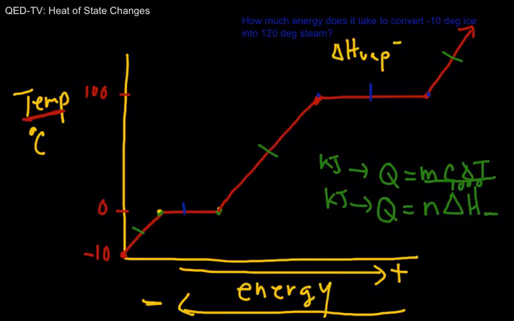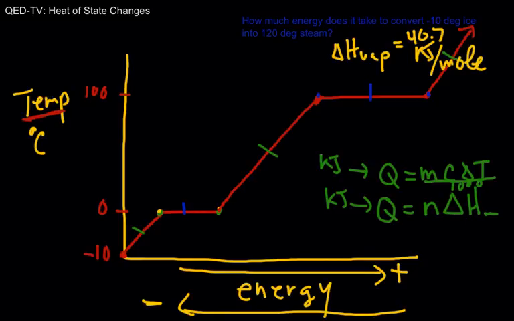And for water, that is 40.7 kilojoules per mole. So it takes 40.7 kilojoules to vaporize a mole of water, which would be 18 grams, or 18 milliliters of water. That's how much energy it takes.